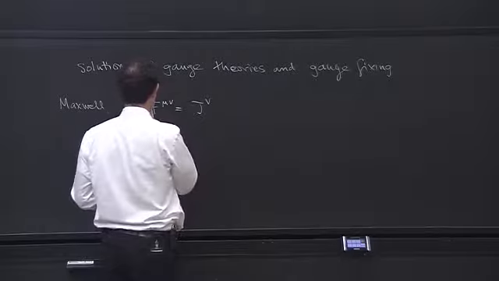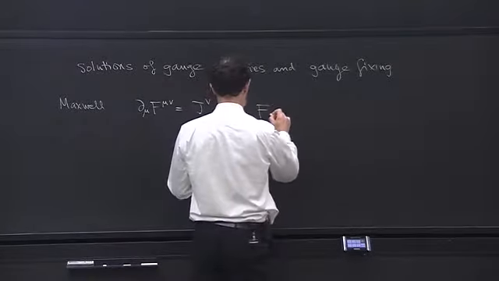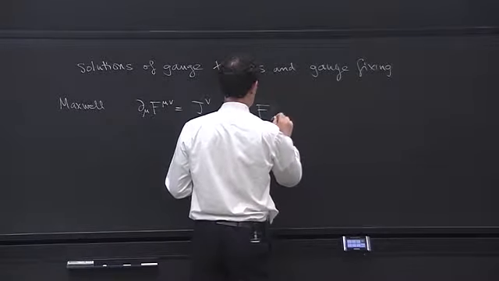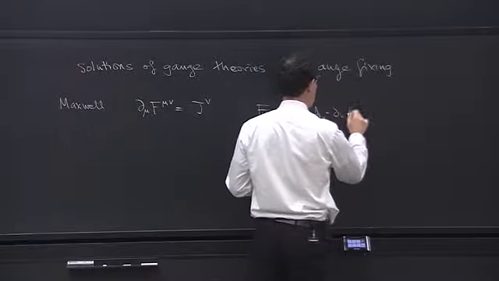And if you remember, let me write it this way, F mu nu is d mu A nu minus d nu A mu.